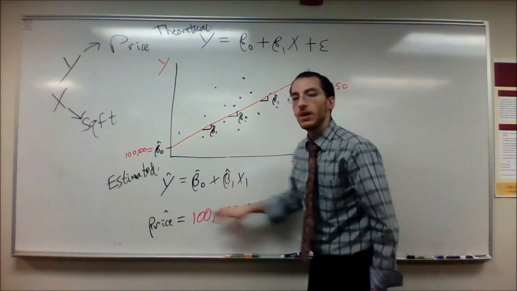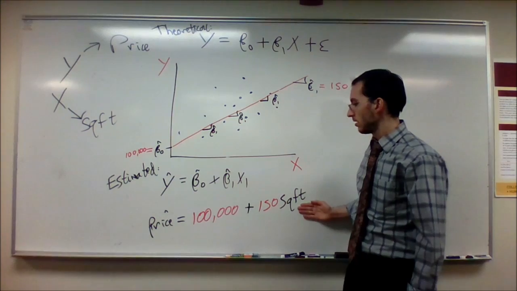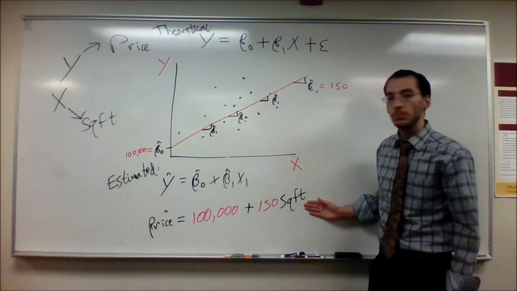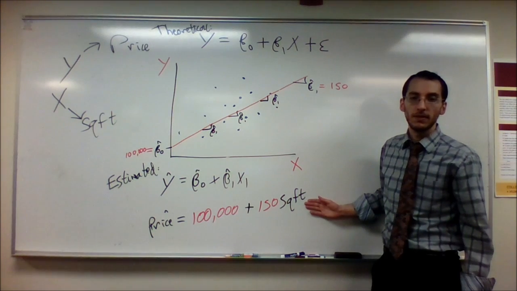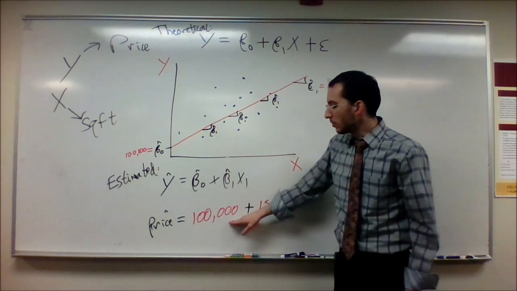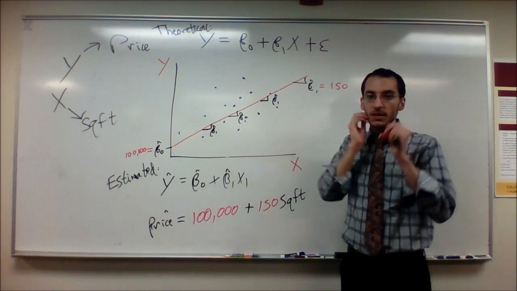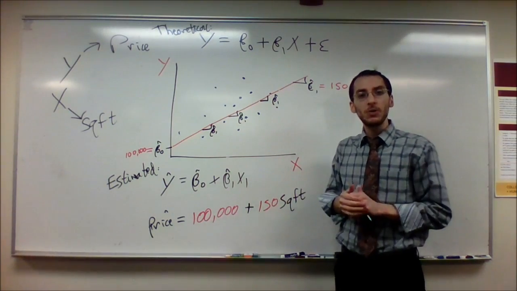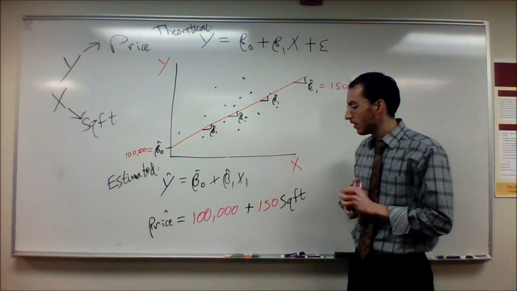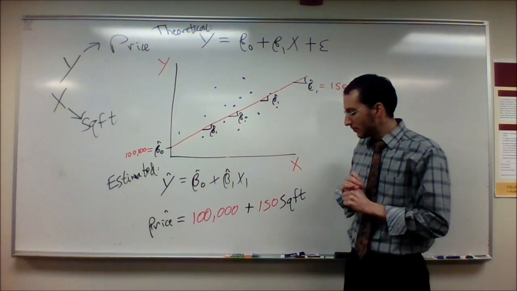This describes our relationship between what we care about, the price of a house, and what we're trying to use to explain it, the square feet. And I go through this in the help guide for interpreting our output, so you have this in typed out words as well. But that's all this is.